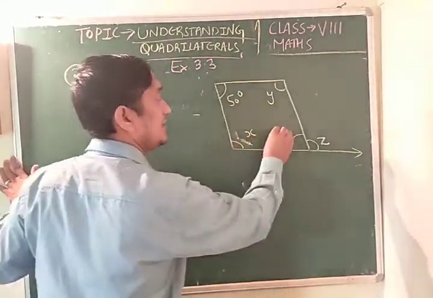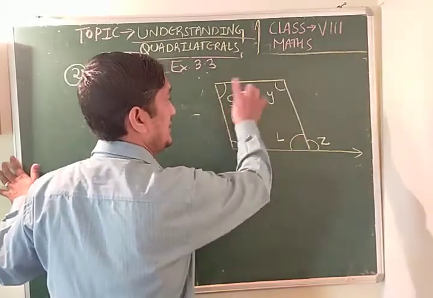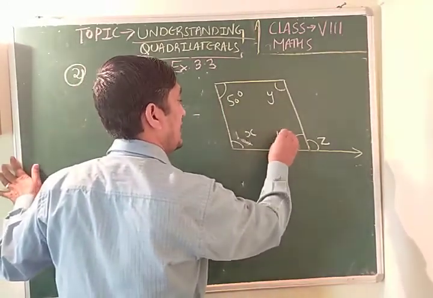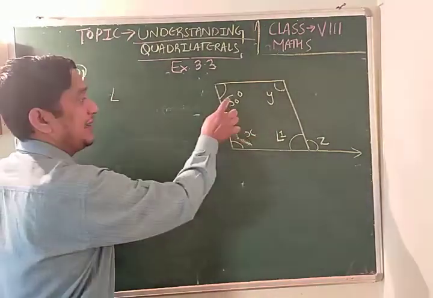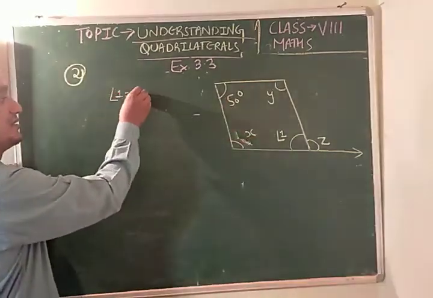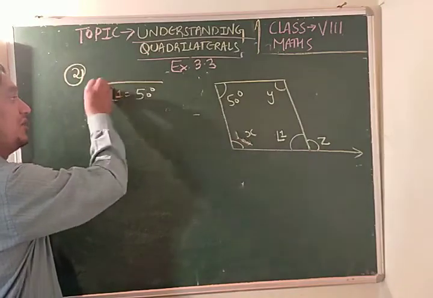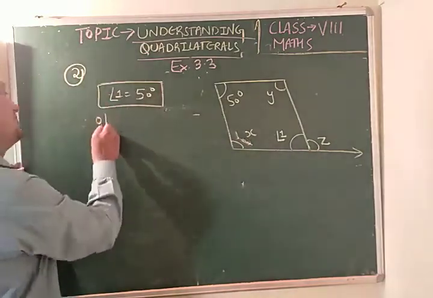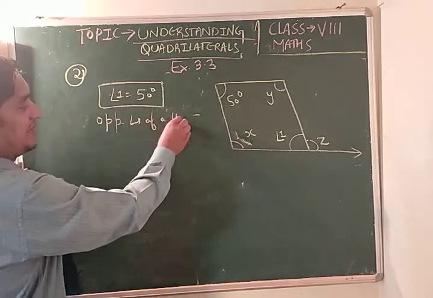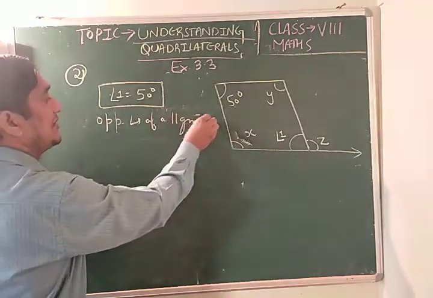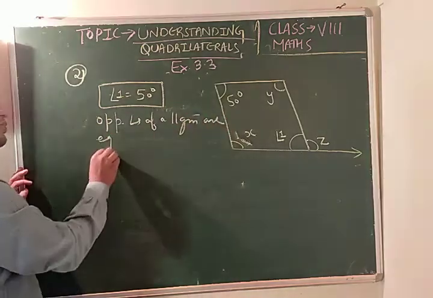So children, let the fourth interior angle of this parallelogram be angle 1. Now the relation between angle 1 and this 50 is that angle 1 is 50 degree because opposite angles of a parallelogram are equal.